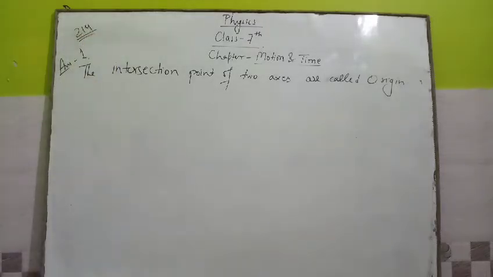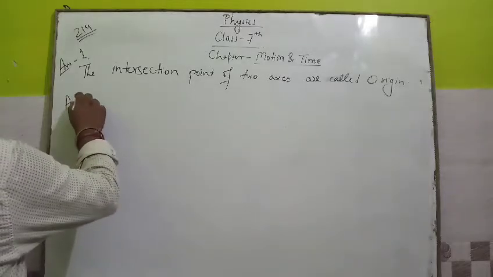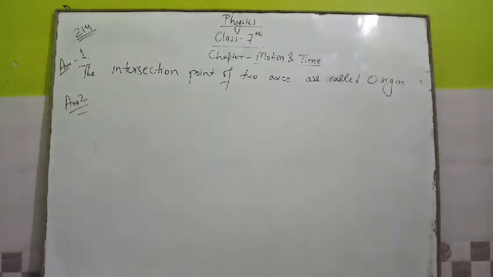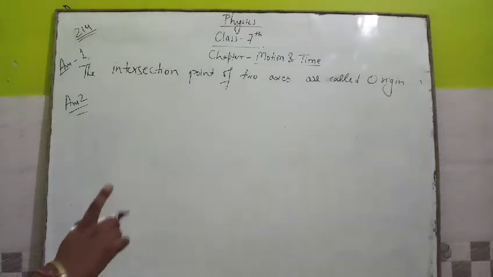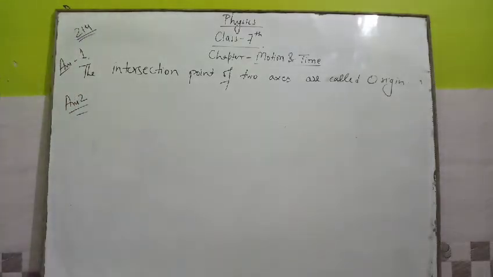The questions are given. Now for answer 2, everyone see in your book and read the question. Along which axis the positive values of x and y are plotted?